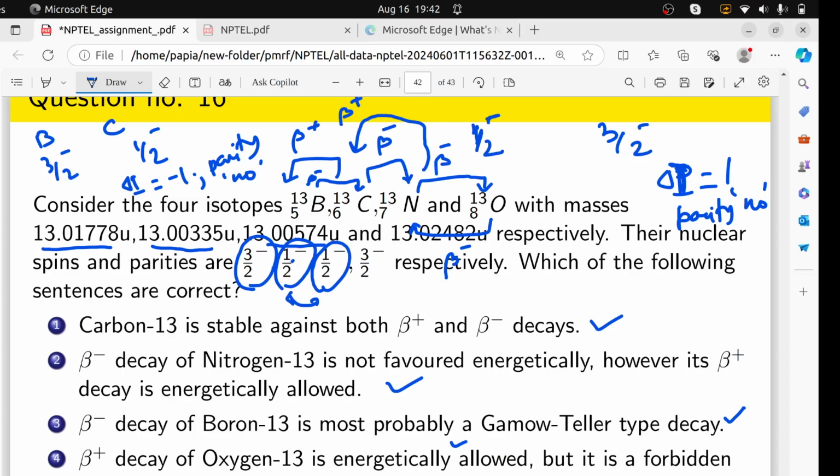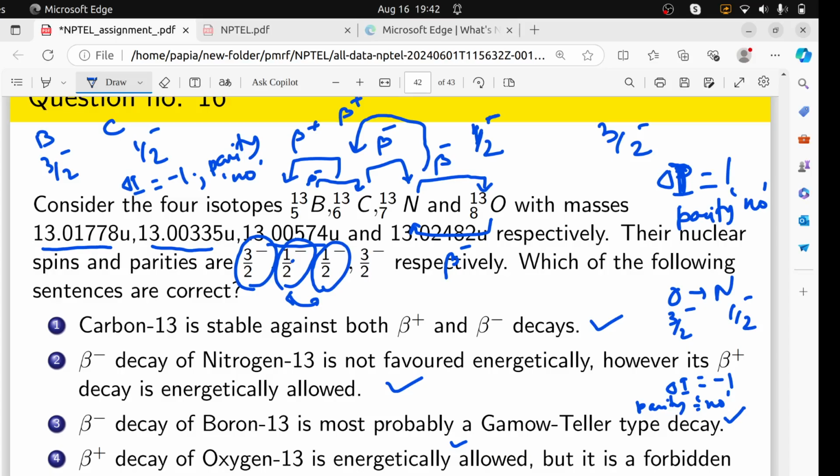Now see the angular momentum conservation. Oxygen 3 by 2 minus, nitrogen half minus. So delta I is minus 1, parity no change. So it is allowed because it is allowed by Gamow-Teller type, as we already saw.